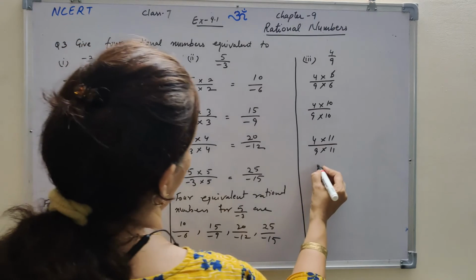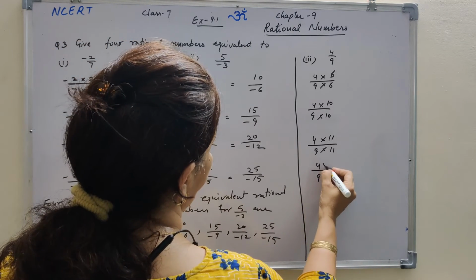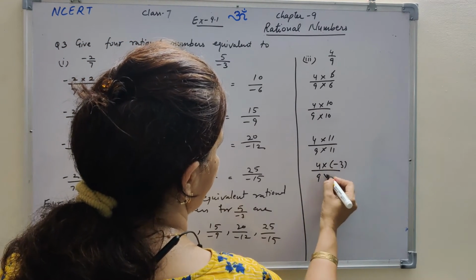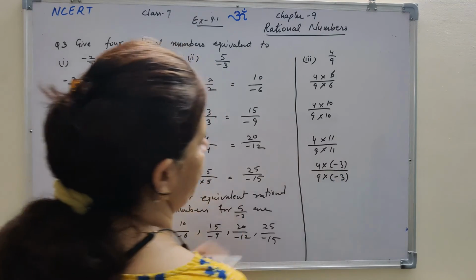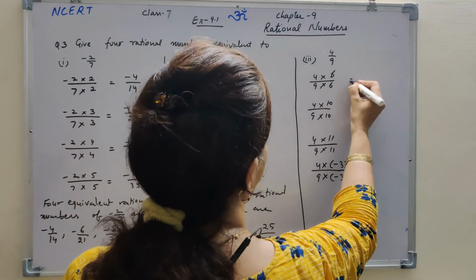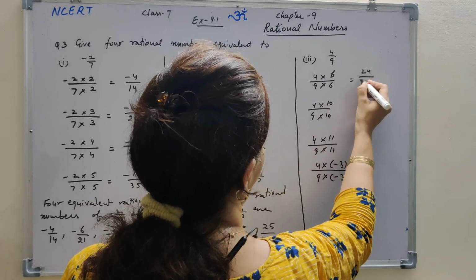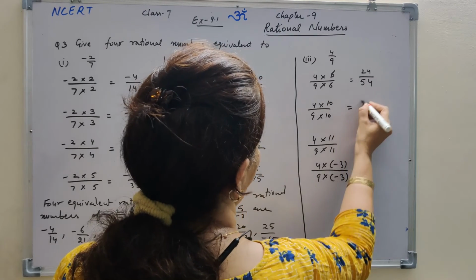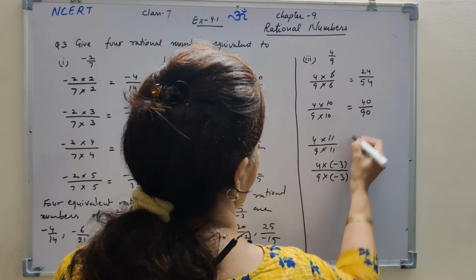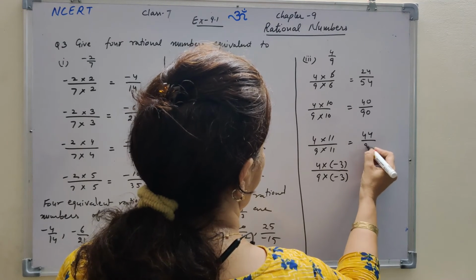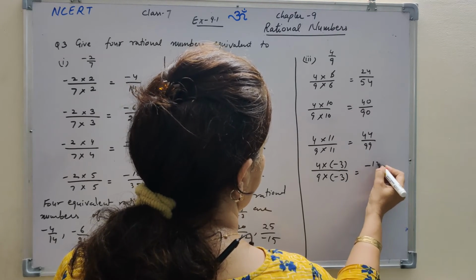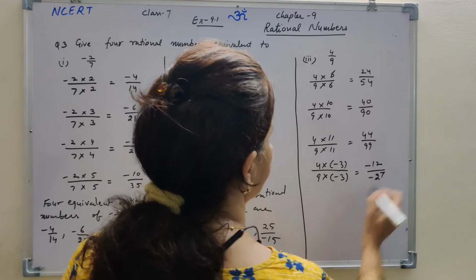So you can multiply by, even the negative integer minus 3 and minus 3. This also you can do. So this will give me 24 by 54, 40 by 90, 44 by 99, and minus 12 by minus 27.